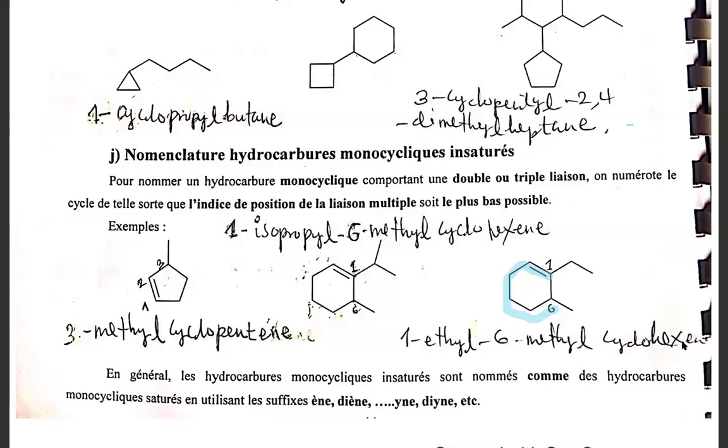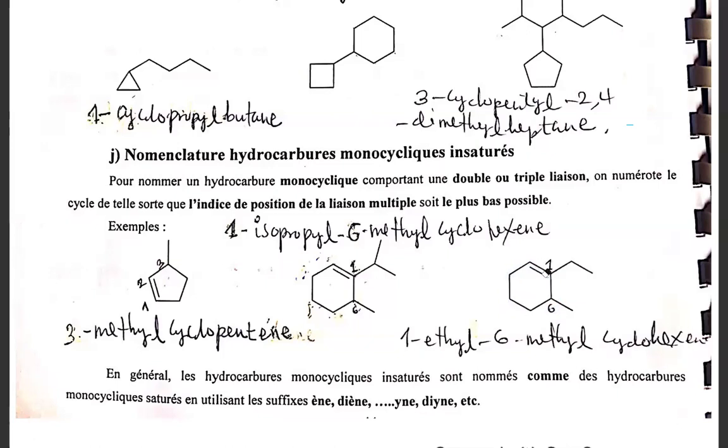And don't forget, every time you are doing this type of nomenclature, there are always the vowels and all those things. So please don't forget to make that a liaison where you cancel out the a and you remain with the suffix ene. Please take note. Then we're saying it's a cycle.